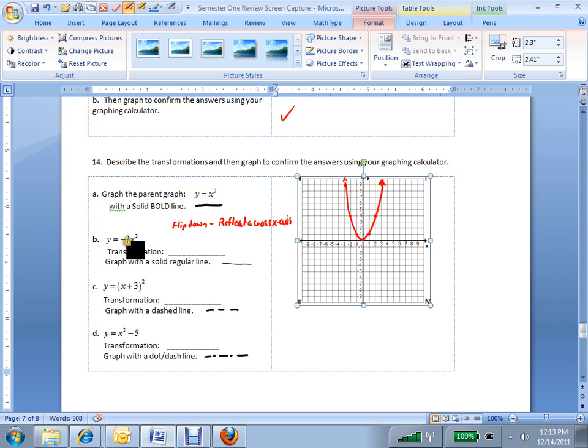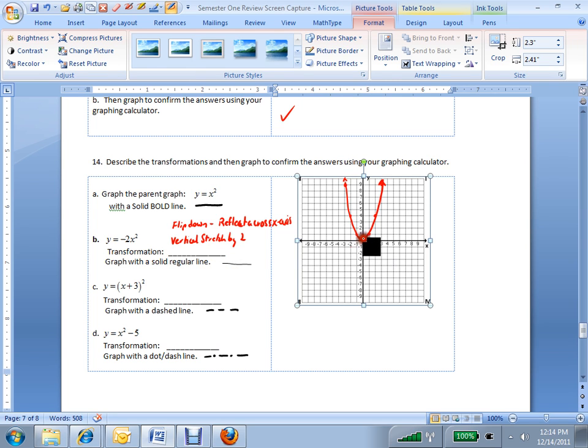I also have the 2, and that is a vertical stretch by 2. Now I'm going to use a solid regular line, and I'm going to graph the transformation.